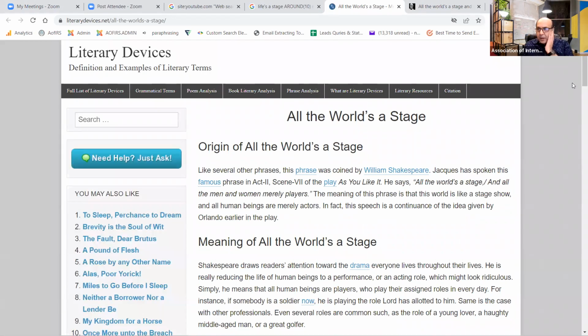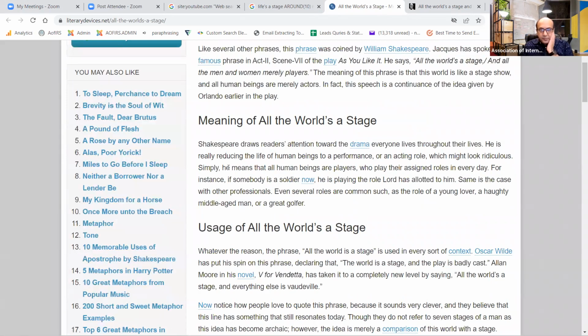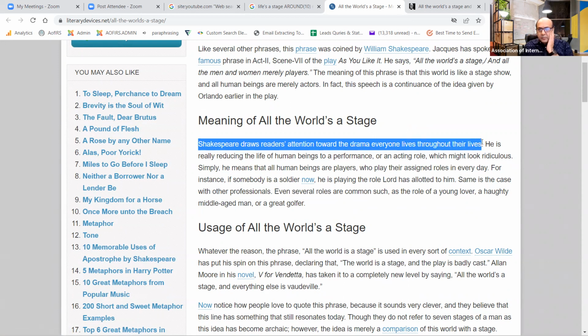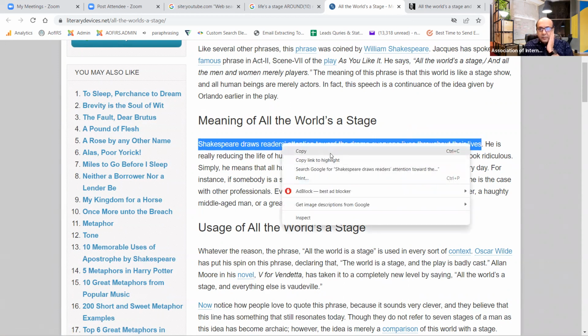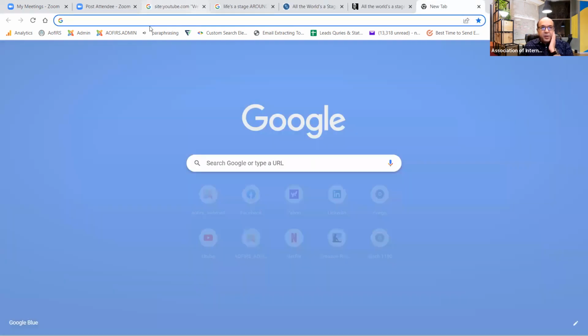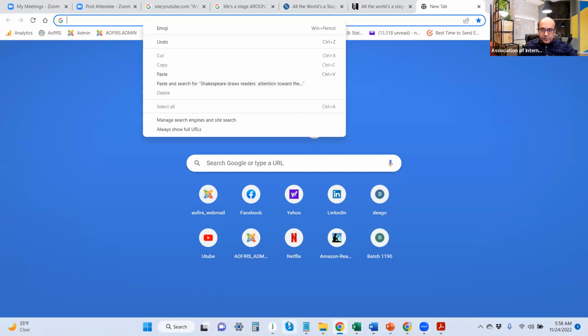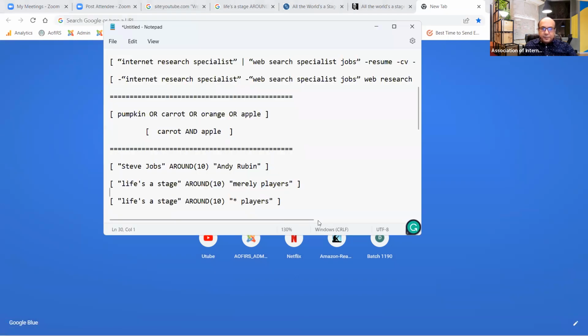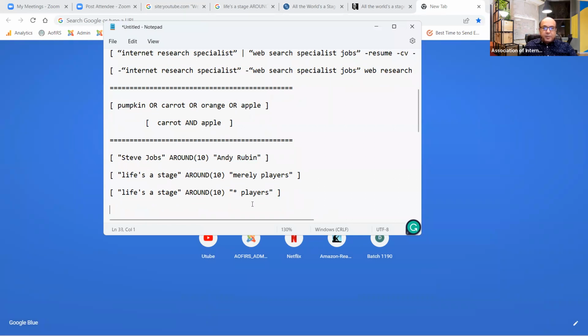Now, let's see if we can get to the same search by first creating a query. And since you've asked about the paragraph, we're going to do the paragraph.